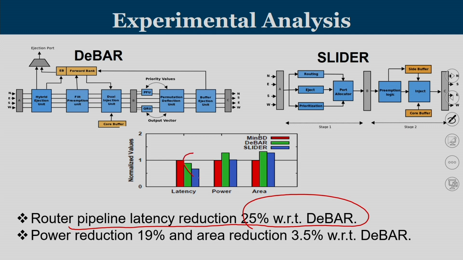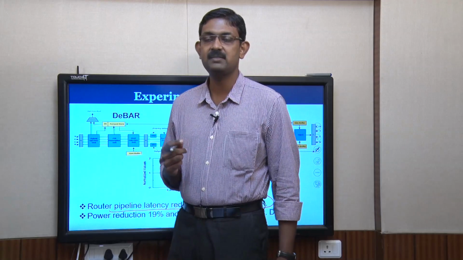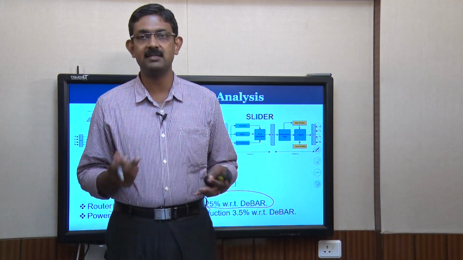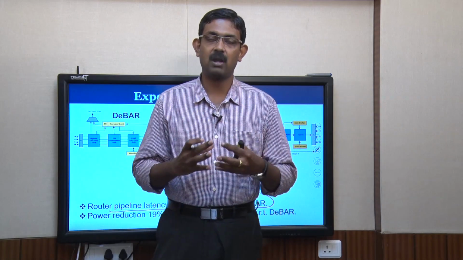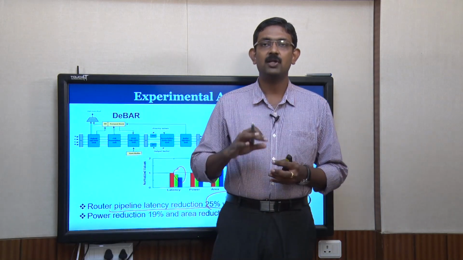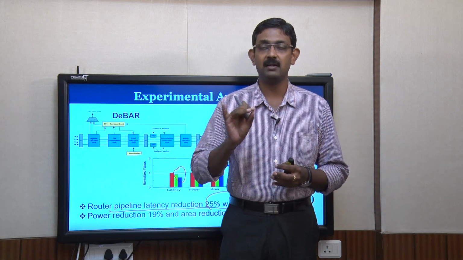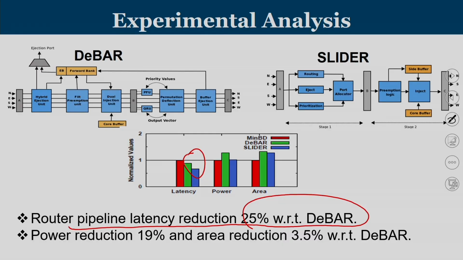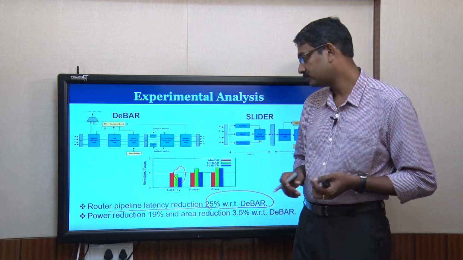This latency is not average packet latency, it is known as router pipeline latency. How long is the combinational circuit that implements D-bar? The combinational circuit that implements slider is 25% smaller in terms of critical path length than that of D-bar.